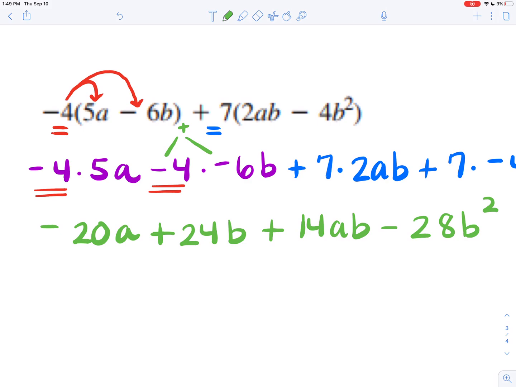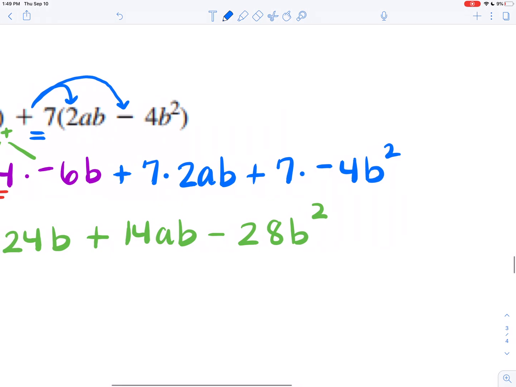And then the same thing had to happen for the 7 over here. It was a positive 7, but again, it had to be multiplied by everything inside parentheses. Right, so notice right here, I multiplied it by the 2ab. I multiplied it by the negative 4b squared. That became 14ab positive, and then negative 28b squared, right?